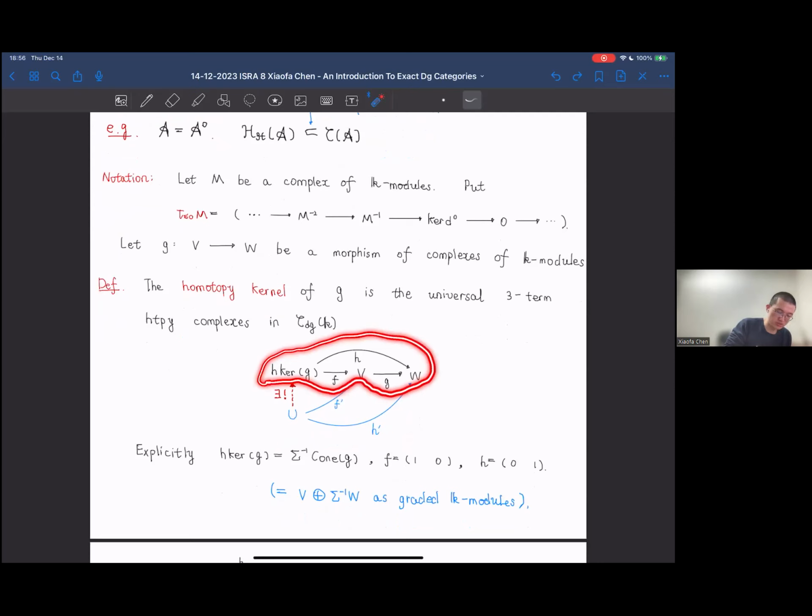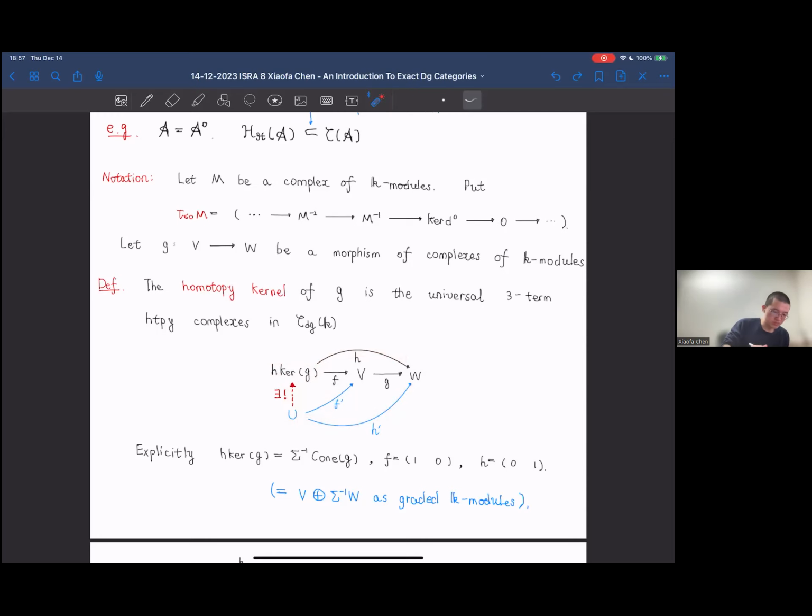Its universal property means that for each homotopy 3-term complex of this form, where the last 2 terms are given by the morphism G, there exists a unique map from this object to the homotopy kernel, such that the corresponding diagrams commute. So here it commutes, and here it commutes.